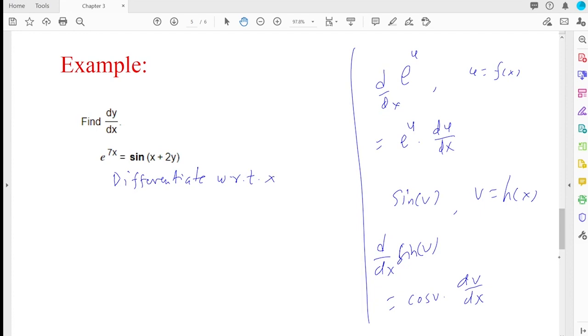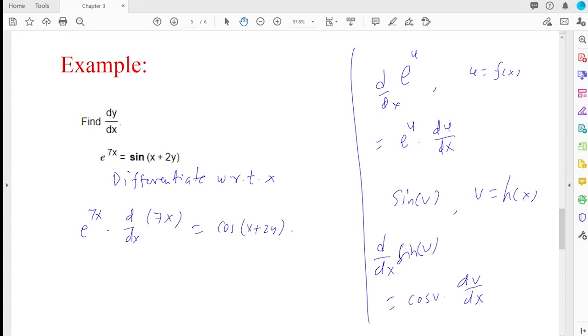So on the left side, by using this formula where u is 7x, the derivative is e to the power 7x times the derivative of 7x with respect to x, equal, the derivative of sine is cosine of x plus 2y times, look at here, the derivative of sine v is cosine v times dv over dx.